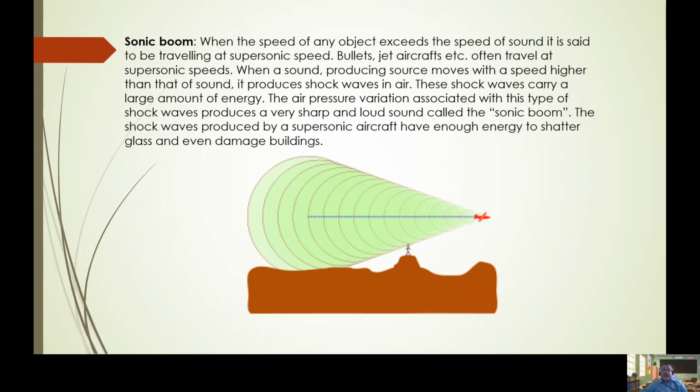The air pressure variation associated with these shock waves produces a very sharp and loud sound called a sonic boom. The shock waves produced by a supersonic fighter jet have enough energy to shatter glass or even damage a building. So, children, hope you have understood this point about sonic booms.